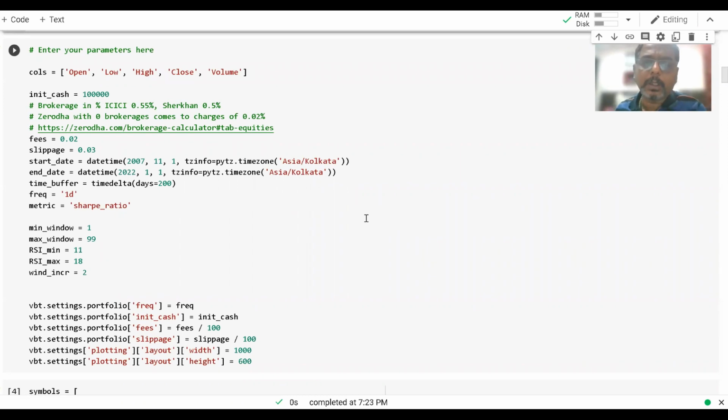Today I'm going to be talking about a very basic, simple RSI strategy that a lot of people use. Let's first talk about the strategy.